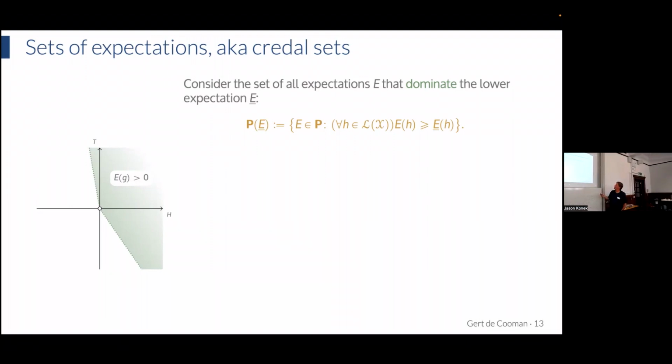So for any gamble, the expectation dominates the lower expectation of that gamble. I'm looking at all the dominating expectations, and I will denote this set by P of E lower. So it's the set of all the expectation operators that dominate the lower expectation.